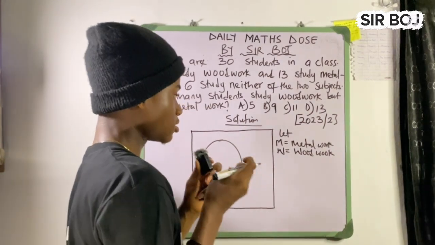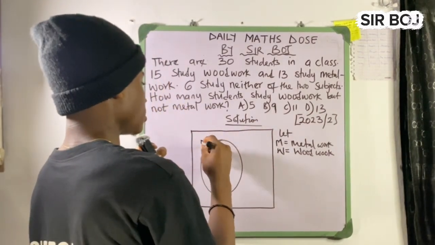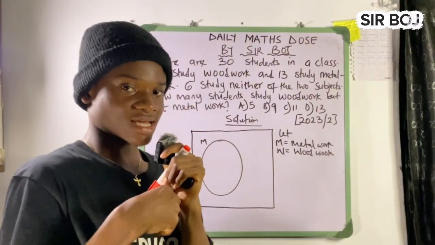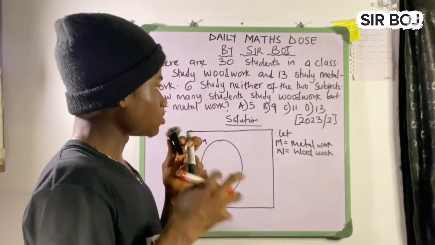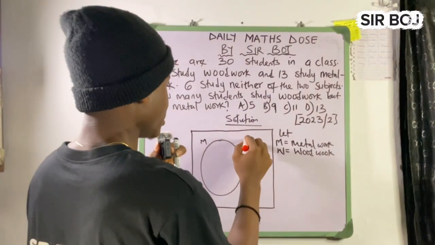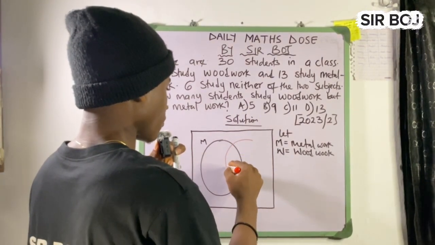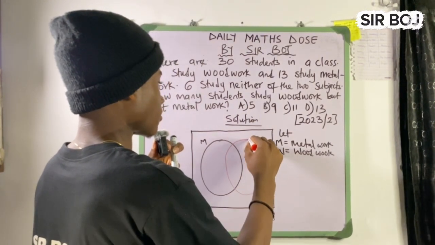So this is M, metalwork. The next circle is going to be for woodwork. I'm going to draw it with a red pen for clarity.